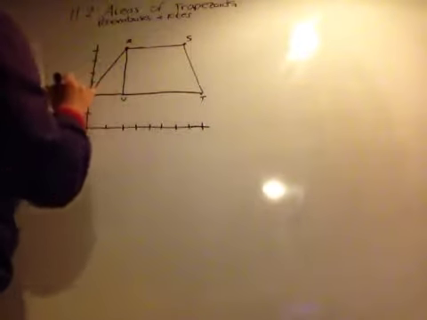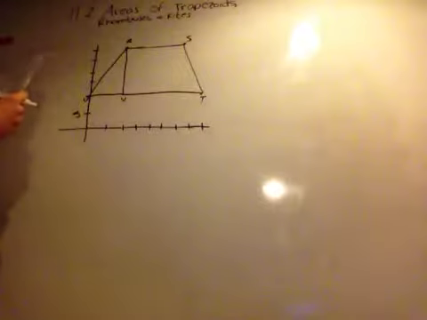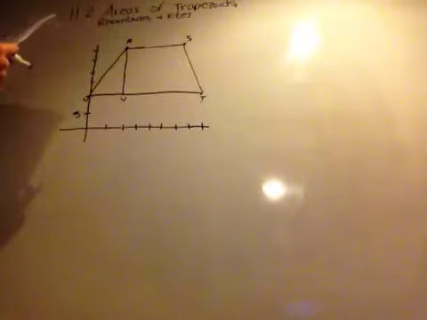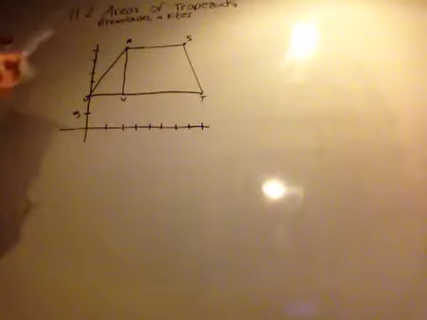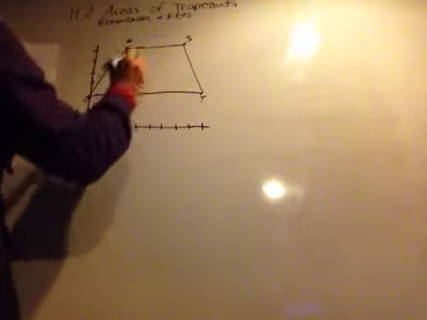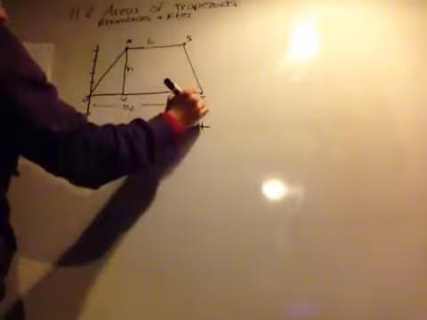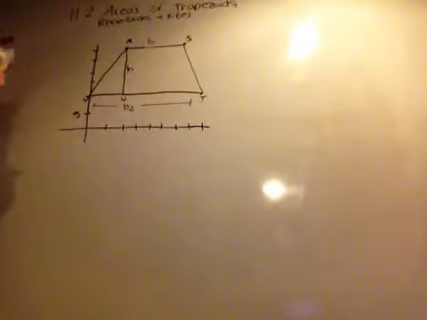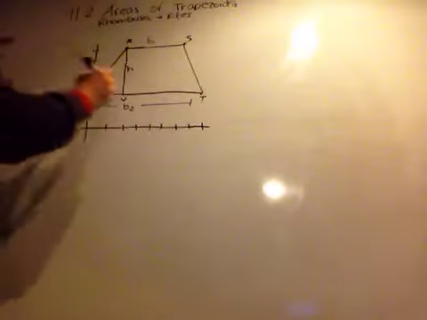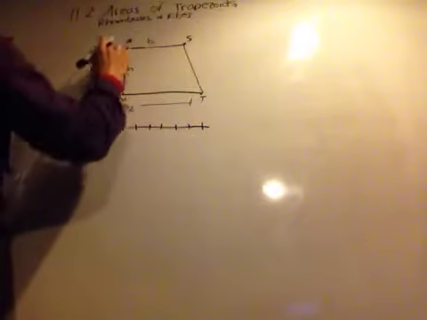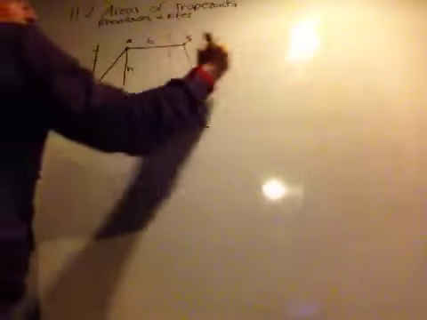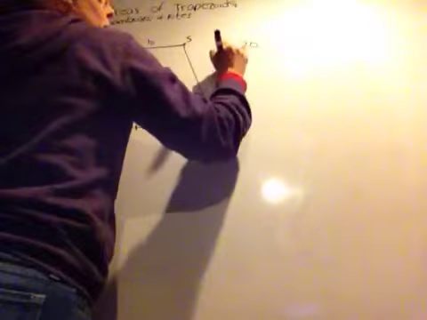Okay, so it's roughly like this. We're going to find the area of this design, just remembering that each unit that we go over is 5. So we need to find our height, our base 1, and our base 2. The length of our height, we're going to go from here up to here, 5, 10, 15, 20, so our height is 20.